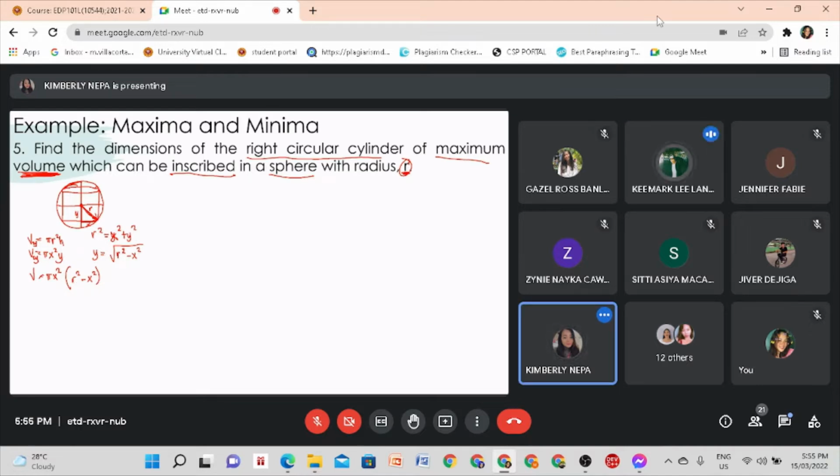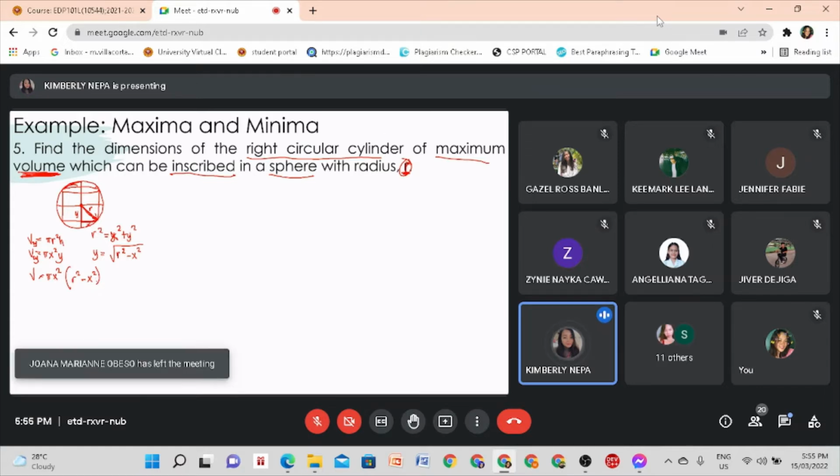Oh, it's a constant, ma'am. Just one, one. So given the radius, in any radius r, this is a constant. It's just representing a letter, okay? So only one variable is left, which is x.